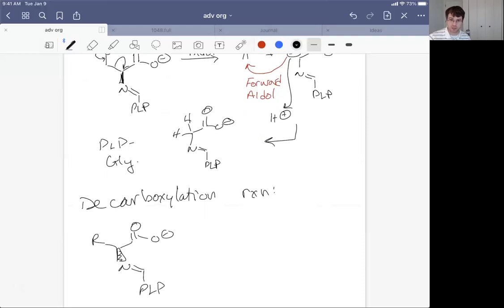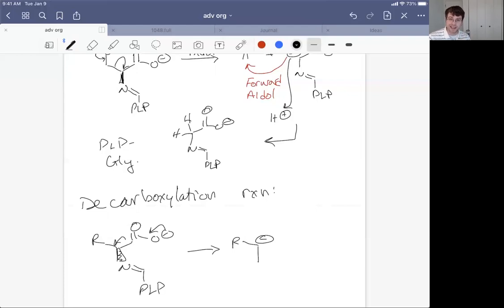I can't hammer that home deep enough. If we can stabilize a negative charge at the alpha position, what we can do is decarboxylate that alpha position where we lose CO2, and the CO2 is lost.